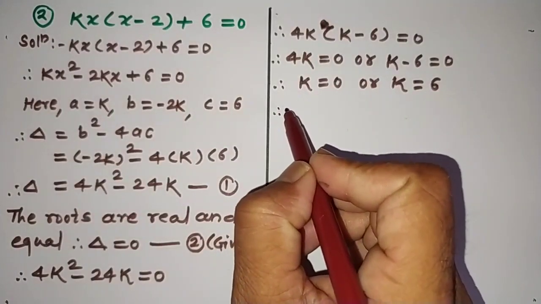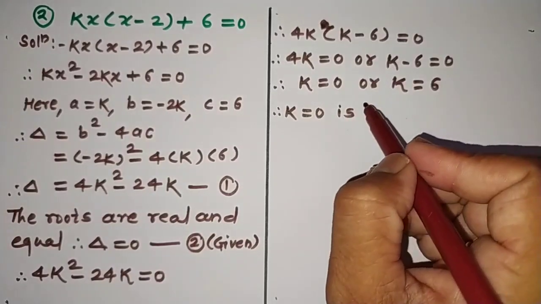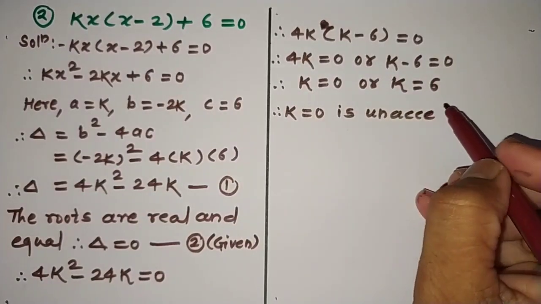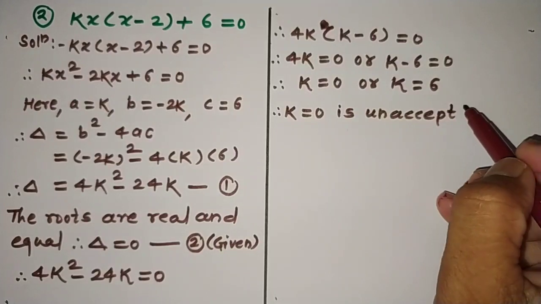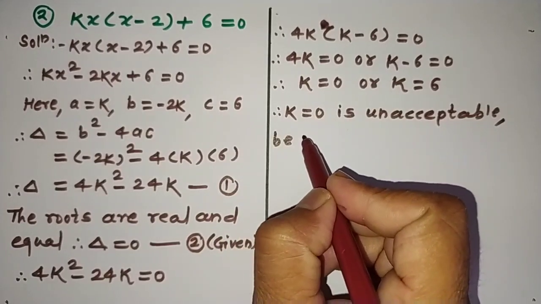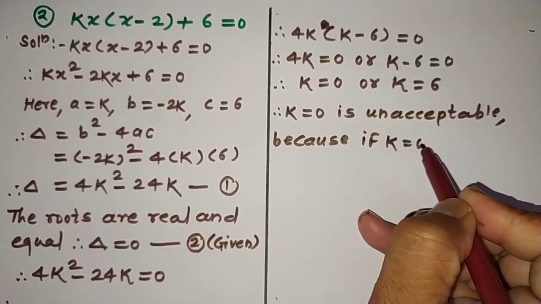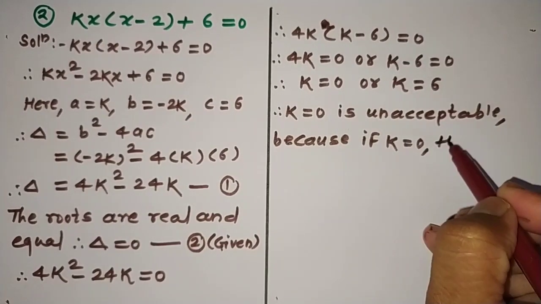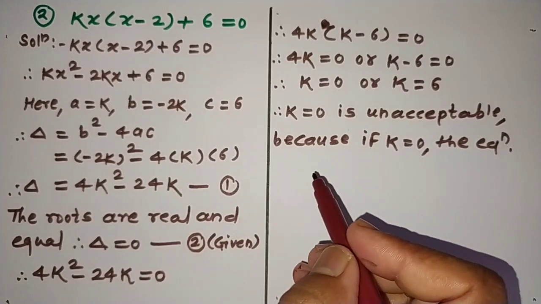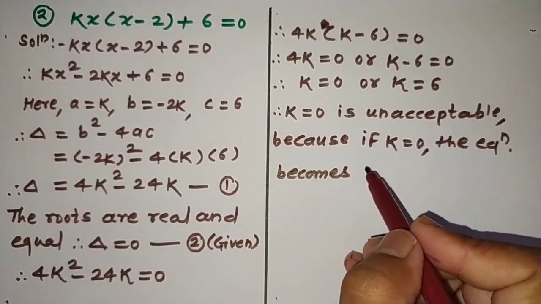The k is equal to 0 is unacceptable, because if k is equal to 0, the equation becomes meaningless.